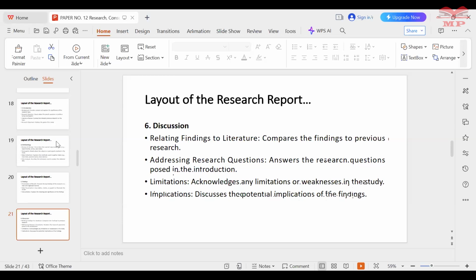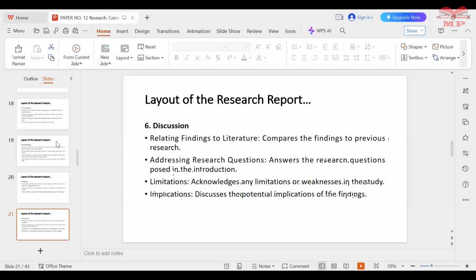We are intending to answer the research questions that were posed in the introductory part of the study, and addressing these research questions is trying to provide answers supported by empirical data that has been gathered in this particular study. So in the discussions, it is important that the researchers provide a section that looks at the research questions. If there were 3, at least those 3 questions can be looked at. If there were 4, or as the case might be.